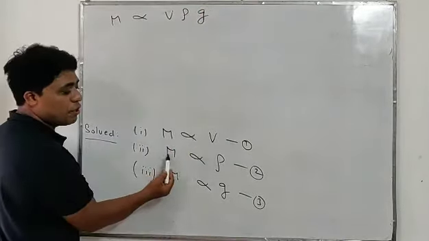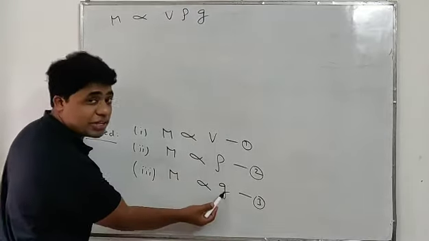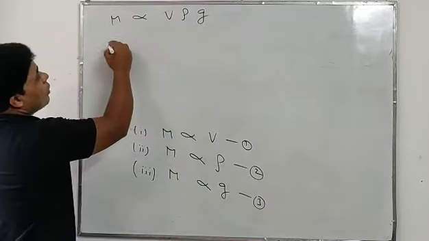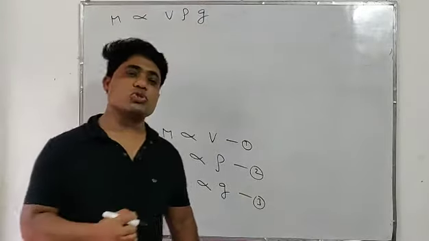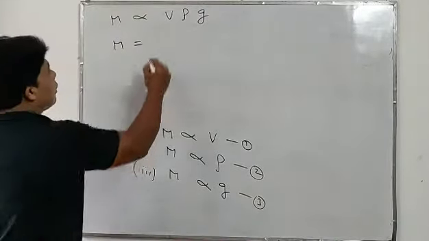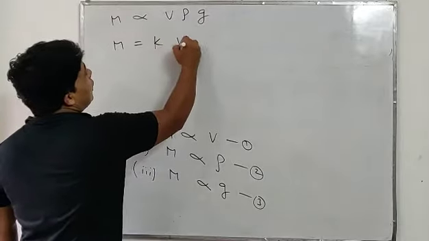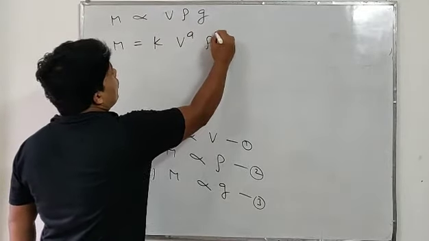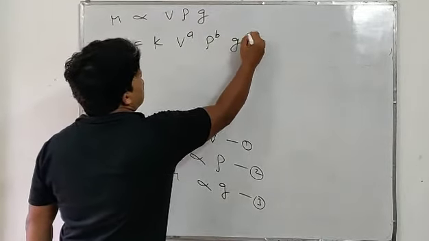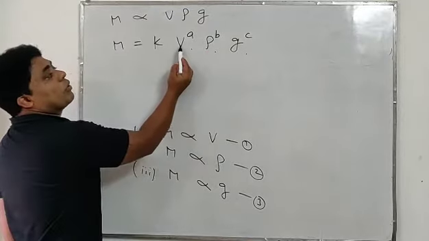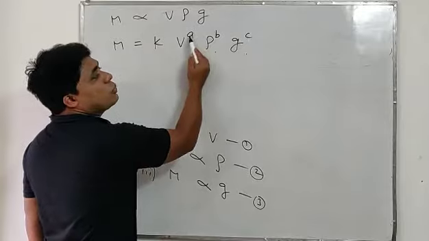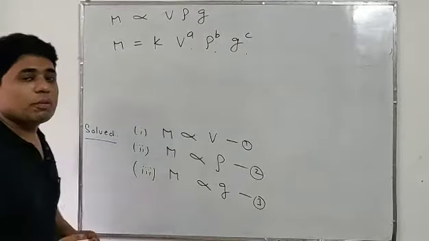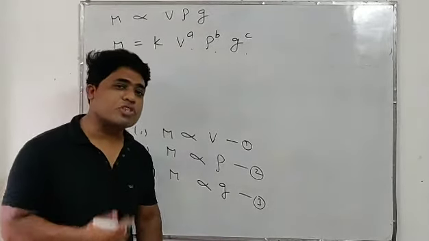Whenever we remove the proportional sign, we always use equal and a constant. Here I am going to use constant k, and powers a, b, and c. We'll write v power a, rho power b, and g power c. a, b, c are the dimensions because we have to solve this numerical by the dimension method.